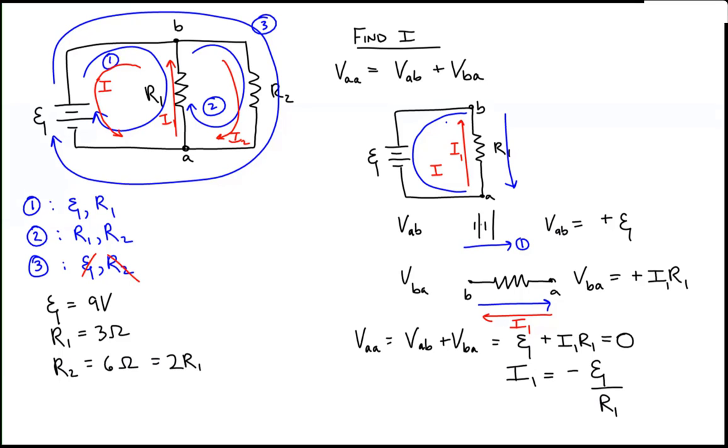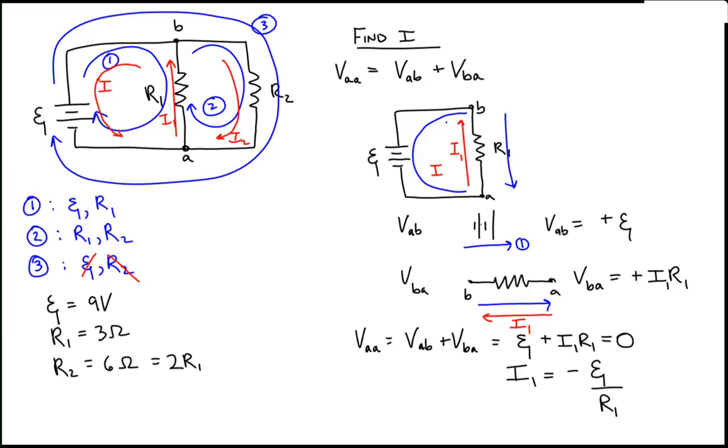Look at that minus sign. Well, what this means is the magnitude of our current is equal to the EMF of our power supply divided by the resistance of resistor 1. Since both of those are positive values, but we have a negative sign in front, the actual direction of the current through resistor 1 is opposite the direction I assumed.